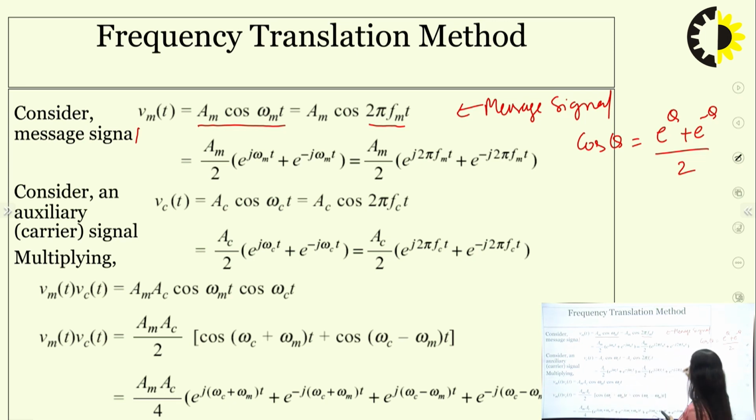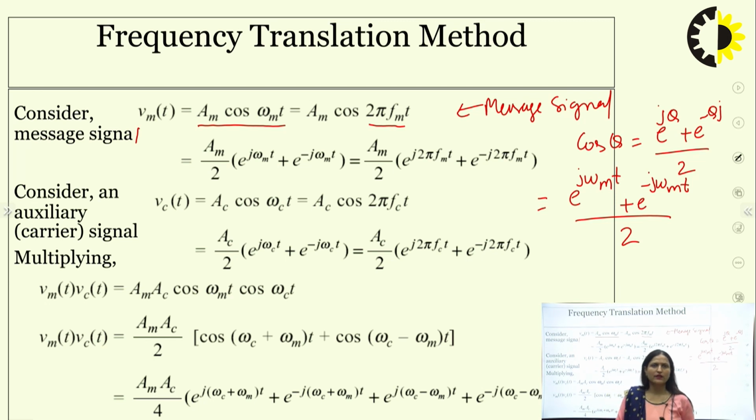There is also a j. So I will use this formula to convert this cos 2 pi fmt. I can write cos 2 pi fmt as e to the power j omega mt plus e to the power minus j omega mt, divided by 2, right?